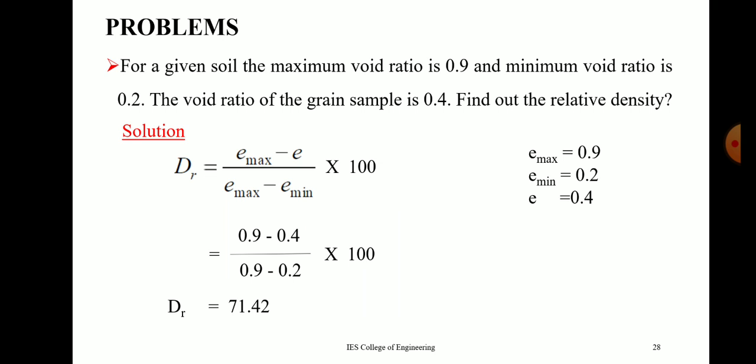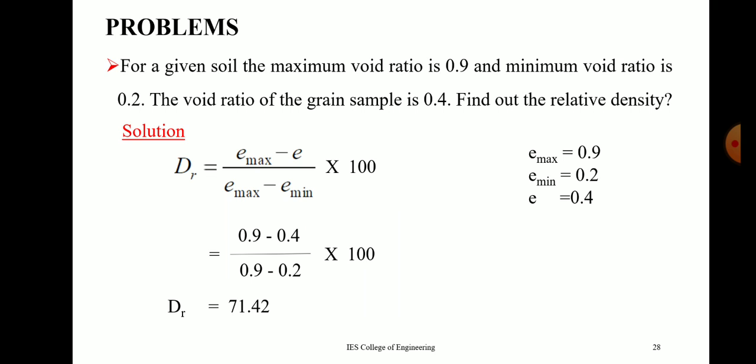Next we go through some small problems. For a given soil, the maximum void ratio is 0.9 and the minimum void ratio is 0.2. The void ratio of the given sample is 0.4. Find out the relative density.